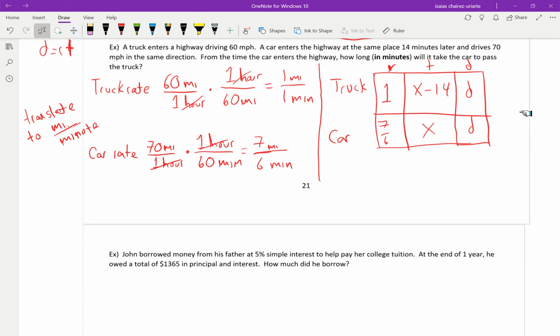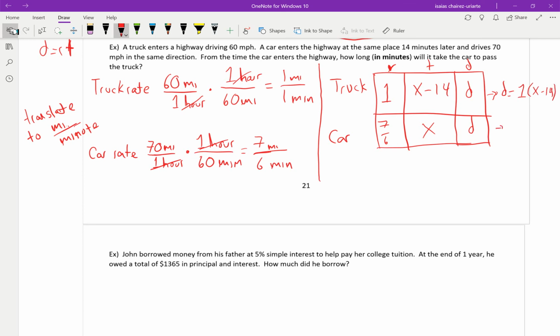Okay, so hopefully this makes sense. Now I'm going to use my little formula up here that distance equals rate times time. So this says that distance equals the rate 1 times X minus 14.